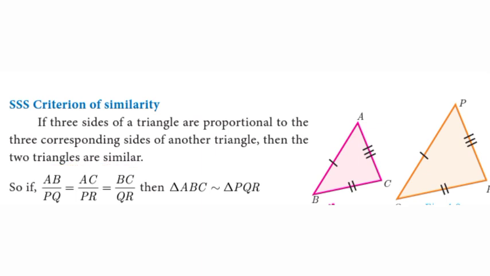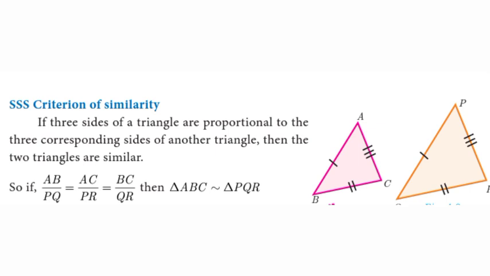So AB divided by PQ, the proportional corresponding side, equals AC by PR equals BC divided by QR. Then triangle ABC is similar to triangle PQR. That is the SSS criterion of similarity.